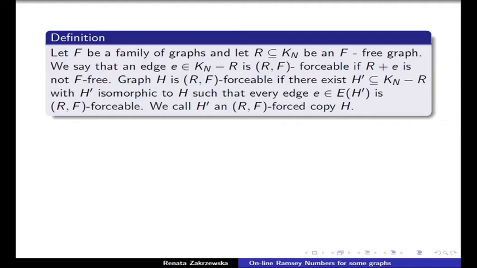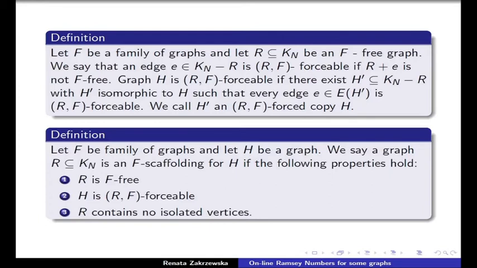We call H prime an R, F forced copy of H. And second definition, let F be a family of graphs and let H be a graph. We say a graph R is an F scaffolding for H if the following properties hold. First, R is F-free. Second, H is R, F forcible. Third, R contains no isolated vertices.